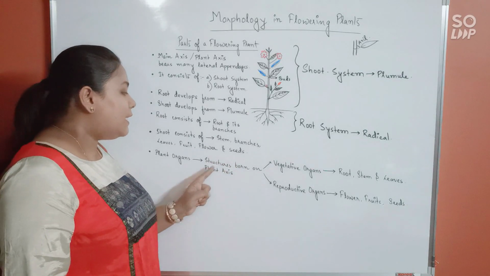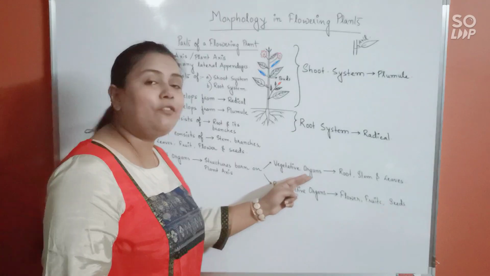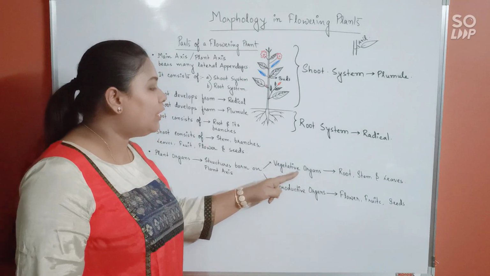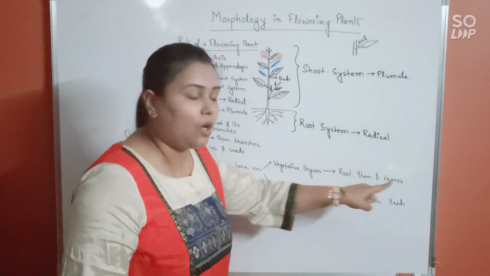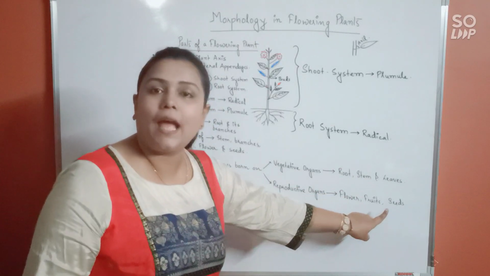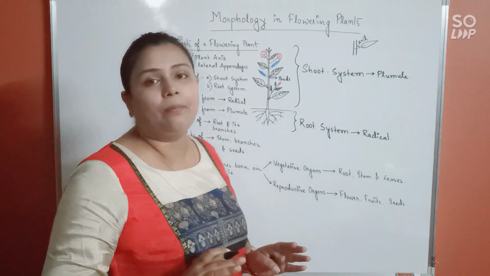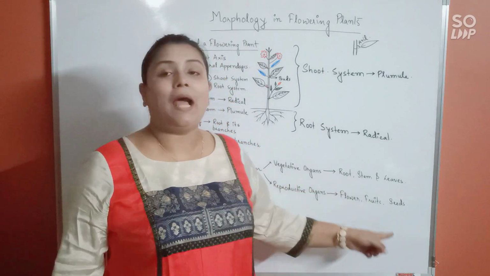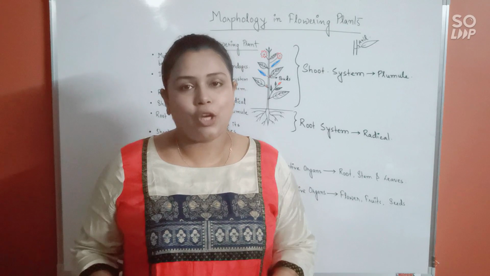These structures can again be divided into two parts, the vegetative organs and the reproductive organs. The vegetative organs of the plants are root, stem and leaves, whereas reproductive organs are flower, fruit and seeds. So this is an overall idea regarding the plant body. So in this chapter we are going to discuss each of these plant organs in details. Okay, that's what makes up the chapter.